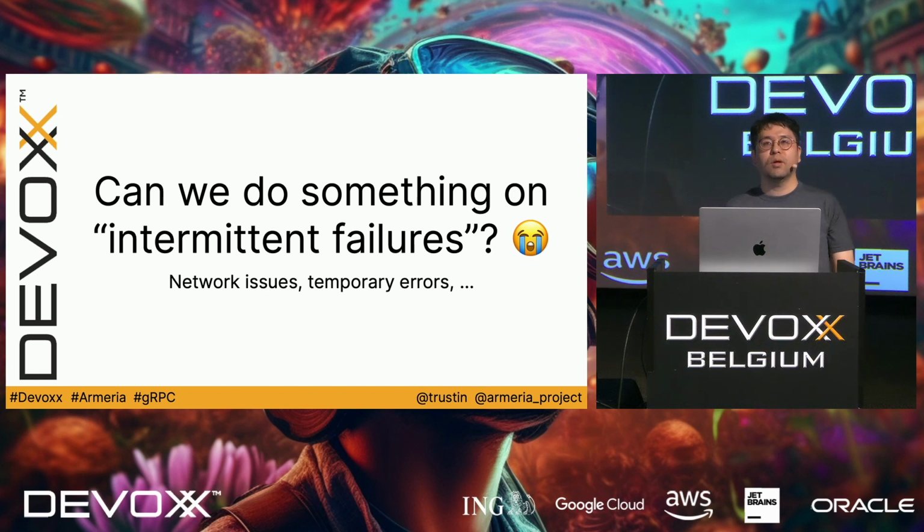In that case, we don't have to just give up, but we could wait just a little bit and try again. Then it will most likely succeed, right? We see that kind of situation very often. So these kinds of intermittent transient failures, we could handle them more transparently if we can automatically retry those failure situations.